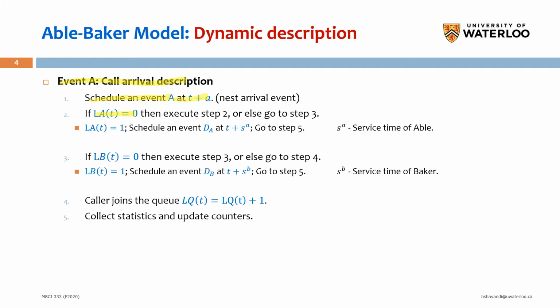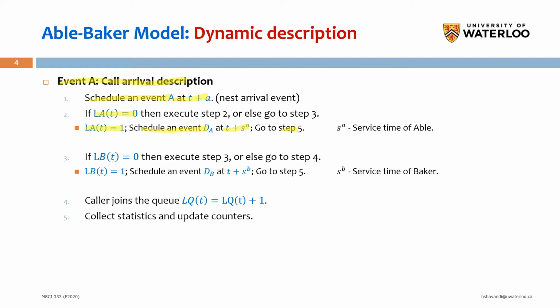In step 2, we assume that Able is free, so we change its status to busy, and then schedule the departure event at time t plus SA. SA is the service time of Able, and we add that duration to the current time t. Then t plus SA will be the departure time from Able. Okay, and then we go to step 5.